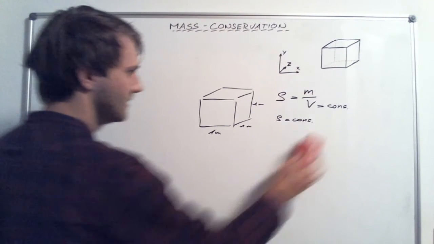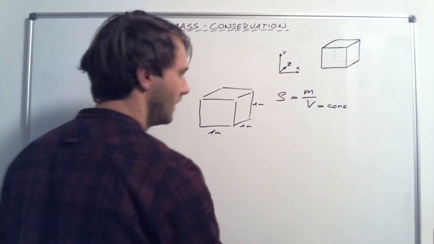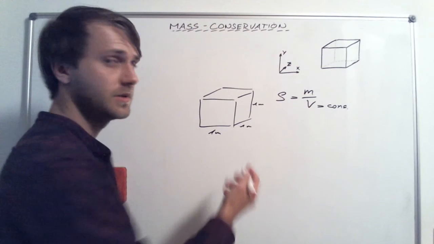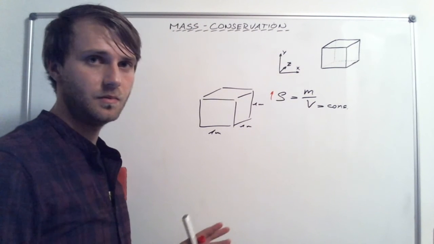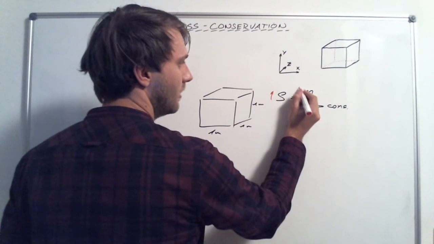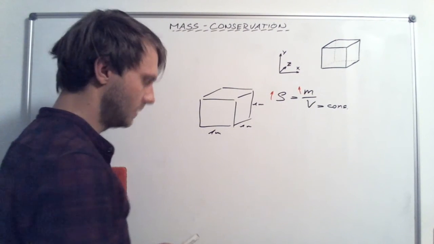And if we consider that the density is not constant and we heat the volume up somehow and change the density, for example, so that the density gets higher, then the mass also gets higher if you keep the volume constant.